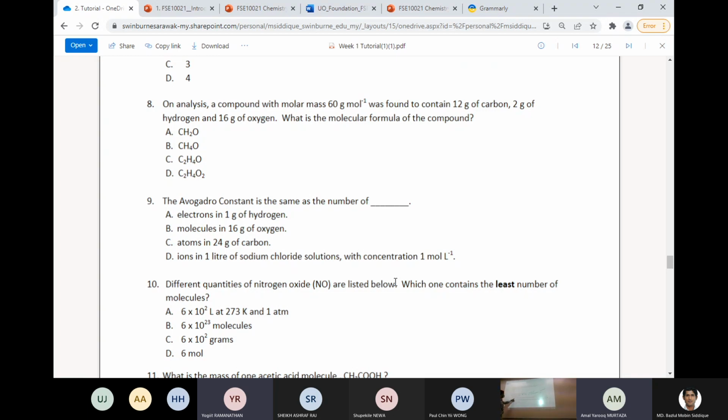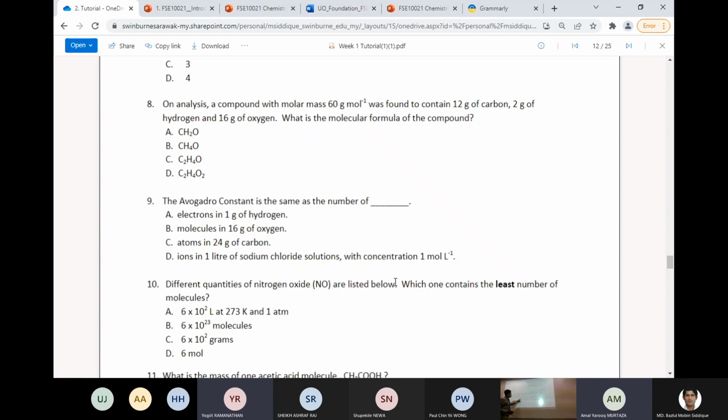And if you go for ions in 1 liter of sodium chloride solution with concentration 1 mole per liter, 1 mole means Avogadro's number of molecules, right? So sodium chloride, when it dissociates in the water, dissociates into positive and negative ions.